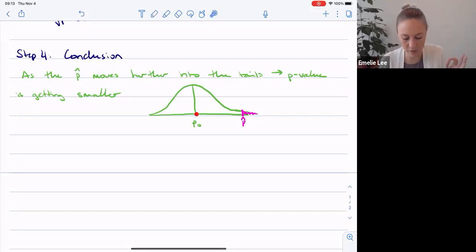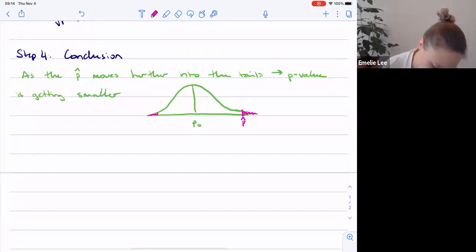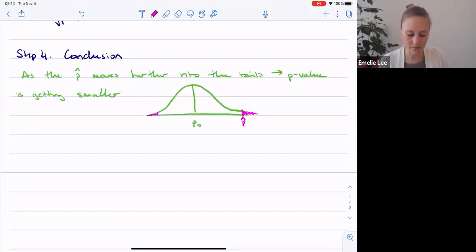So as you move further and further away from the hypothesized proportion, how far away it is is reflected by this area in the tail. Of course, we replicate it down here as well, but let's just focus on the upper tail. Regardless, we're going to multiply it by 2, so it doesn't really matter.